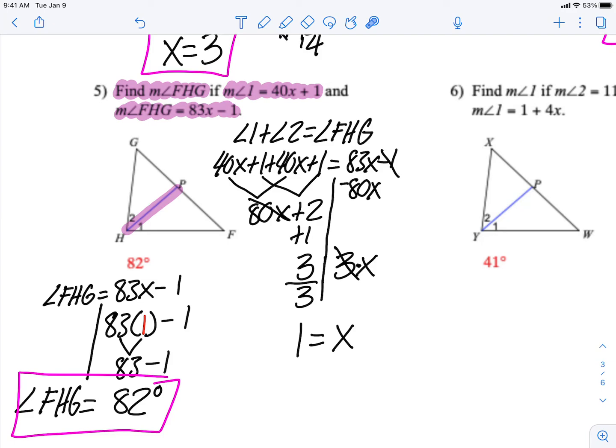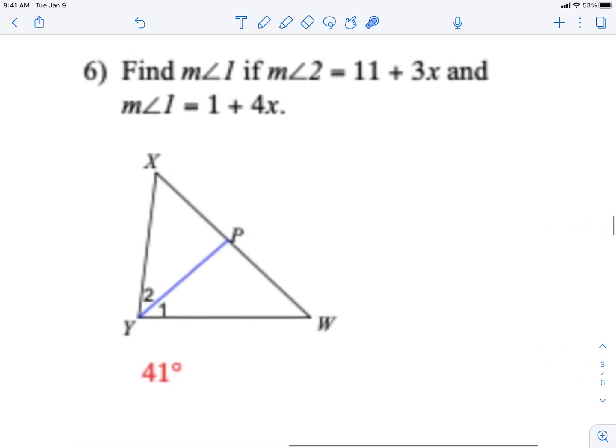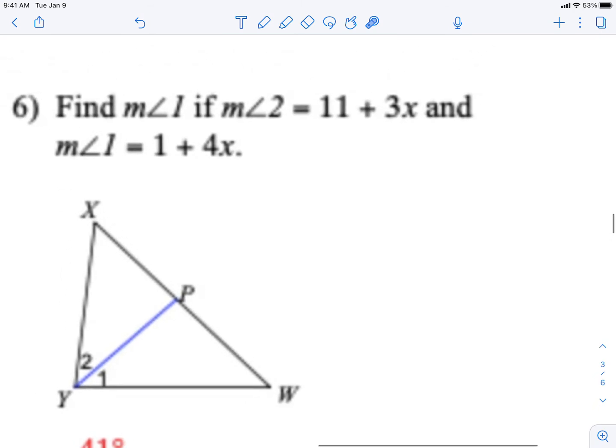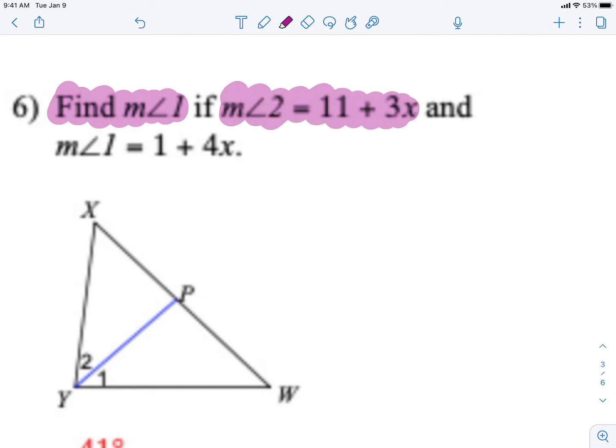Okay, one more. This one's a little different. Find angle 1 if angle 2 is 11 plus 3x and angle 1 is 1 plus 4x.